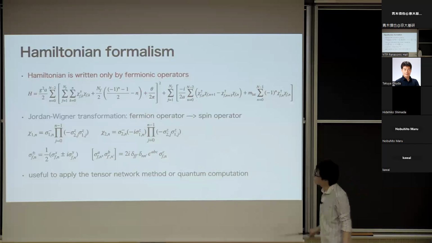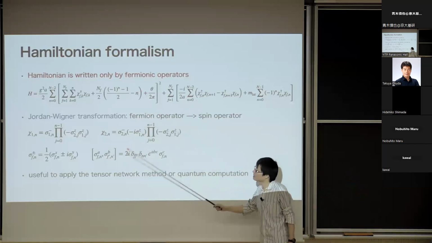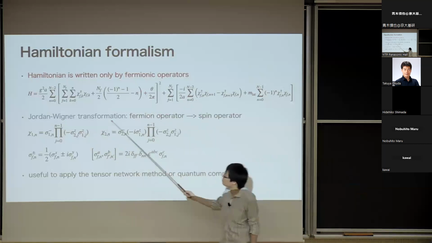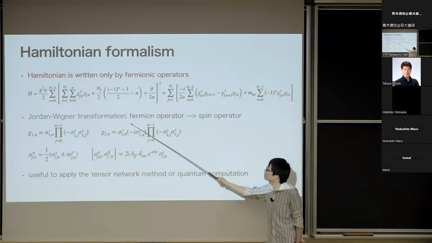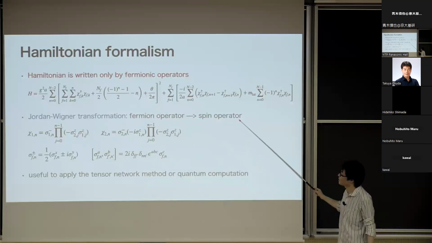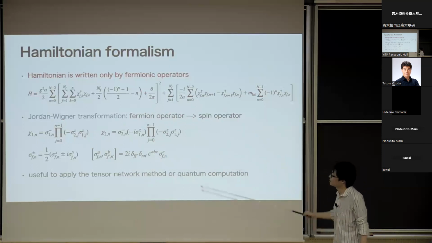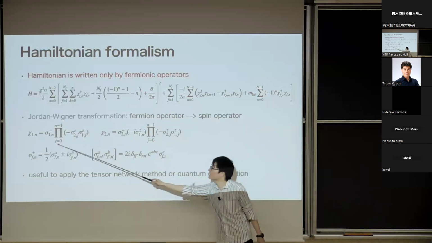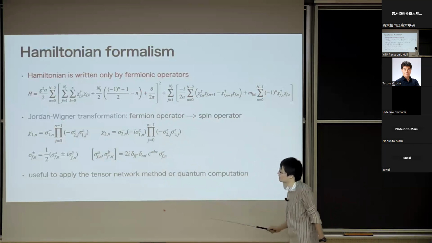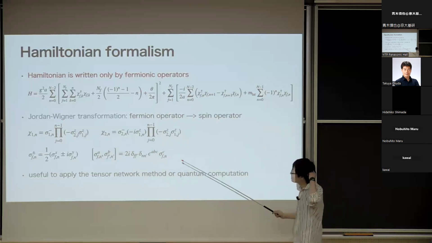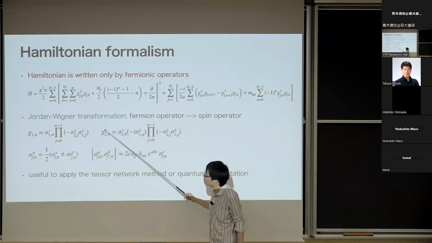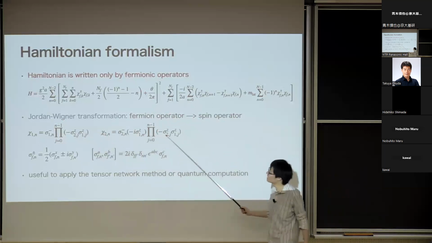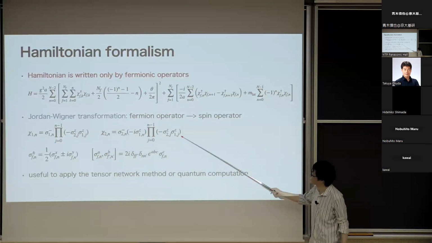Once we obtain this kind of Hamiltonian, we can use the so-called Jordan-Wigner transformation. This transformation maps the fermion operator to the spin operator, I mean Pauli matrices, like this kind of relation. If you are familiar with the usual Jordan-Wigner transformation for one flavor, this looks very strange, because the flavor is mixed.